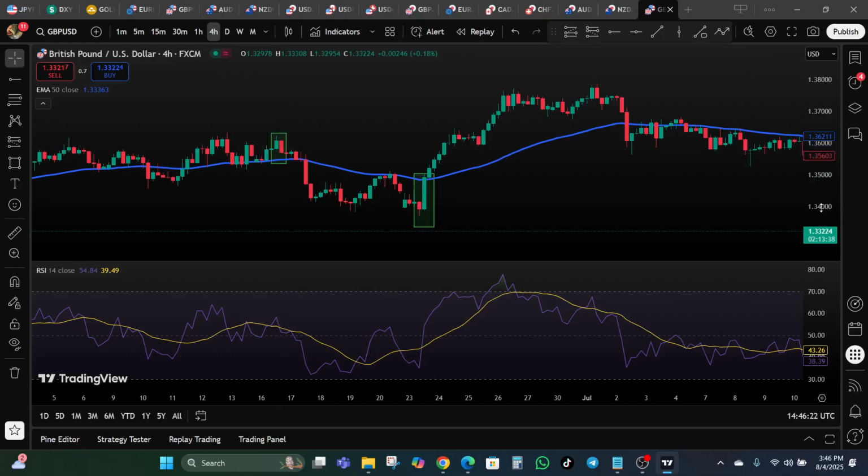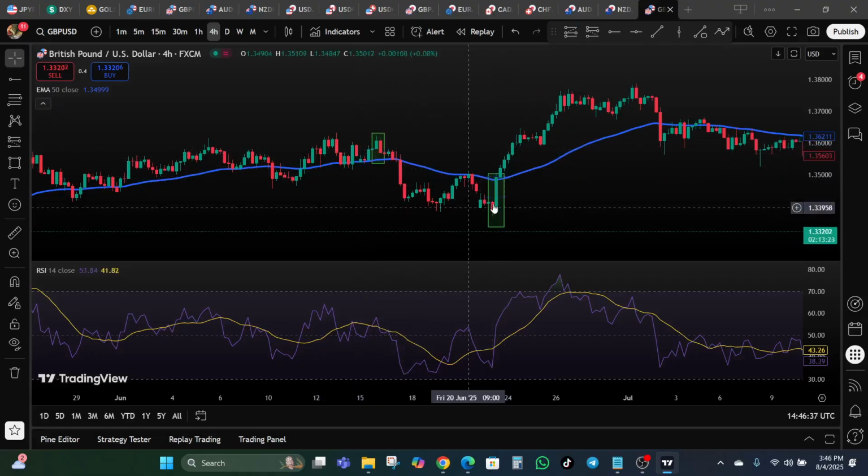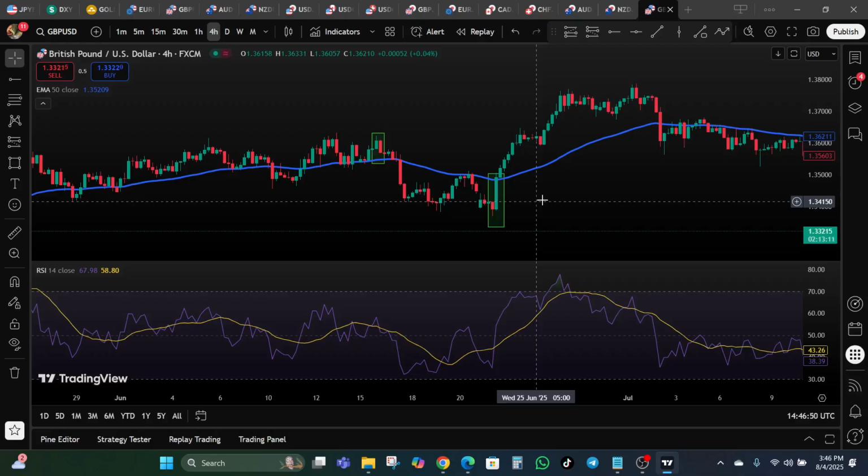So this signals a potential reversal or strong continuation. You can see that in this case we had price go down after the bearish engulfing. Then in this case you can see that we had price continue going up after this bullish engulfing. It's a very straightforward strategy.